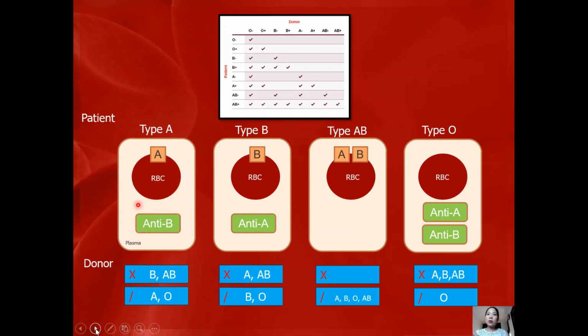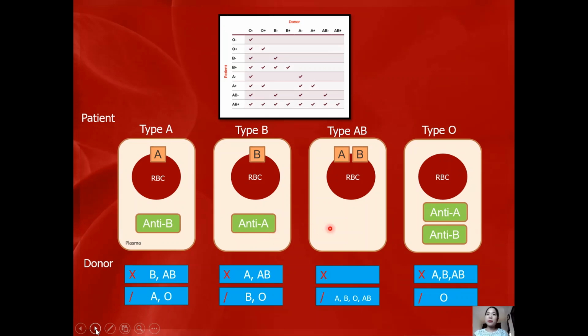When you are transfusing, you always need to take note of the antibody that is present in the plasma of your patient. So if you have a blood type B with a B antigen, you cannot have an anti-B here simply because it will hemolyze the red blood cell. So the naturally occurring antibody in the plasma of a blood type B patient is an anti-A.